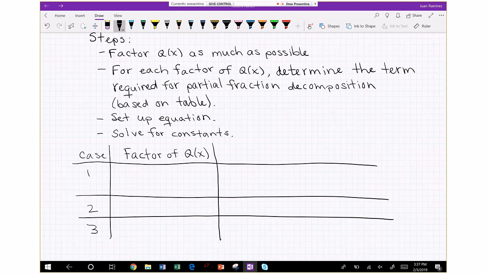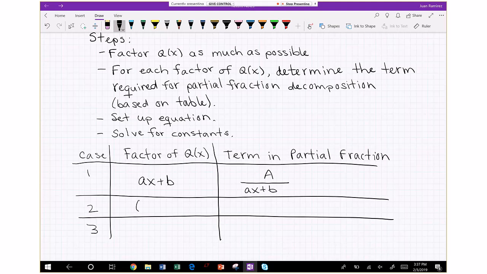And next we're going to look at the term in the partial fraction decomposition. So if the factor comes out to ax plus b, which is the simplest, the associated term that you would write is constant A divided by that same ax plus b.